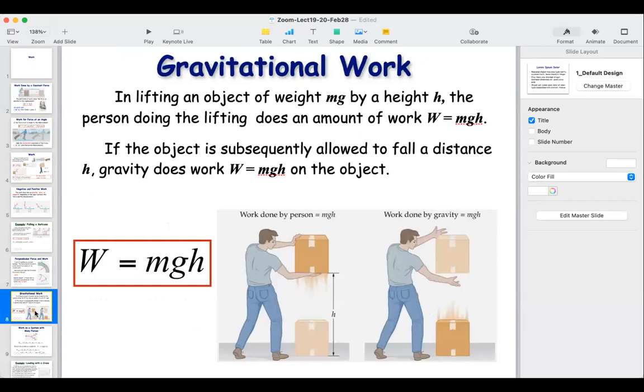Now, we can have gravitational work. So here, if you have a person that is lifting up this object, and then opening the hands and letting gravity do its job, we have work done by gravity, because this object is going to fall down to the surface.